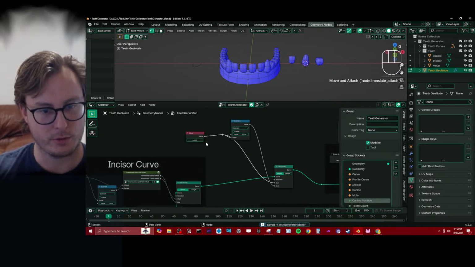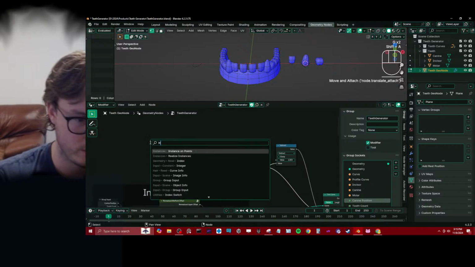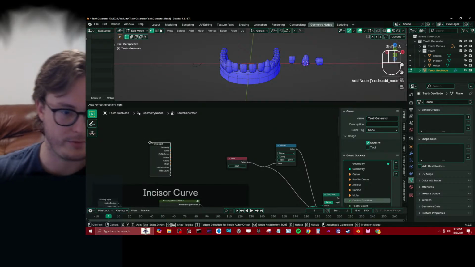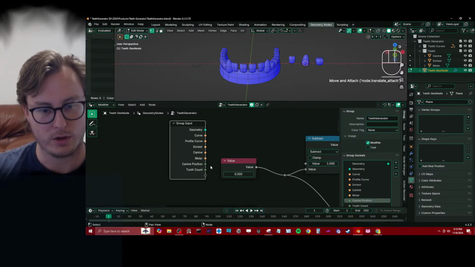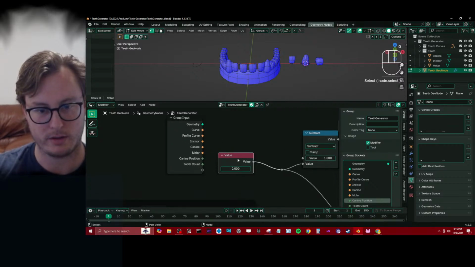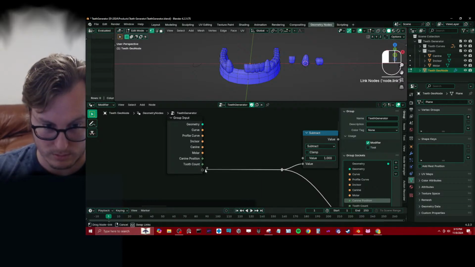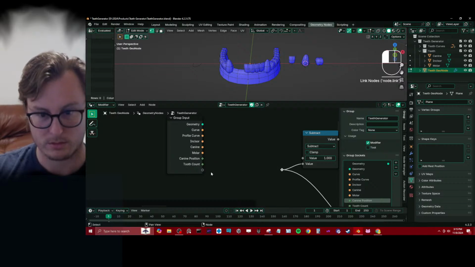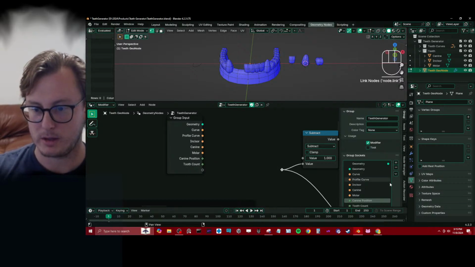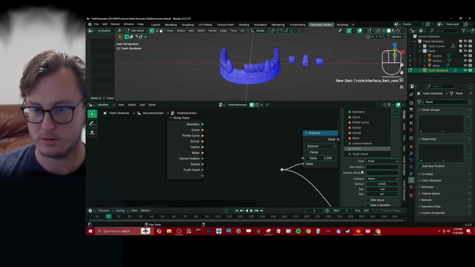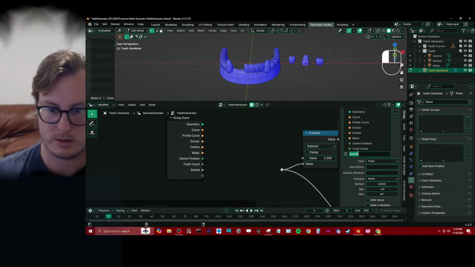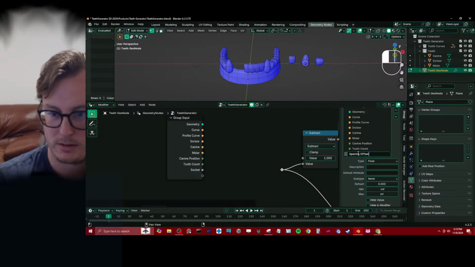Now this value we're using, I think we're going to create an input for it. So we'll call this, I don't know. Nothing. Make a float. Spacing offset.